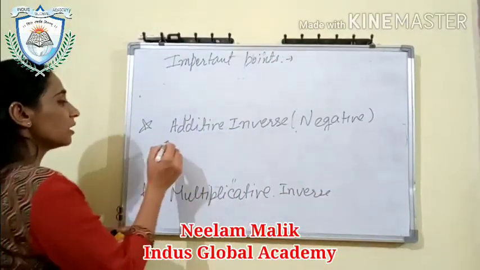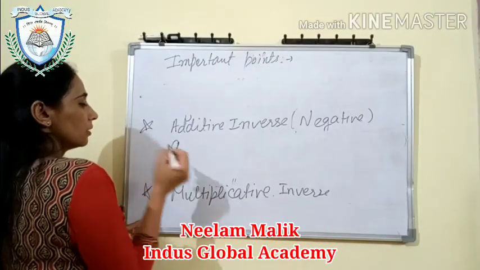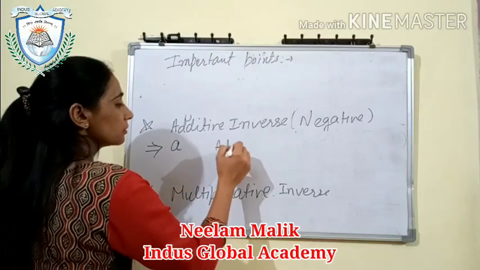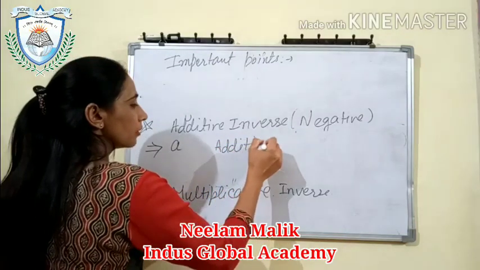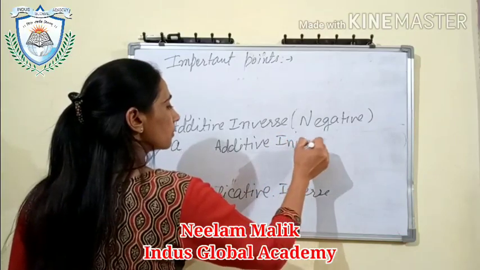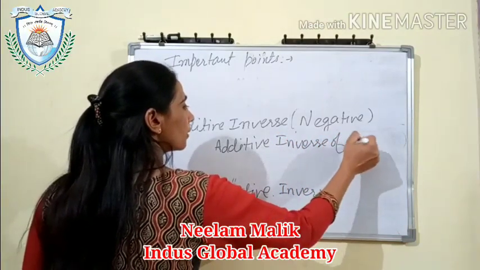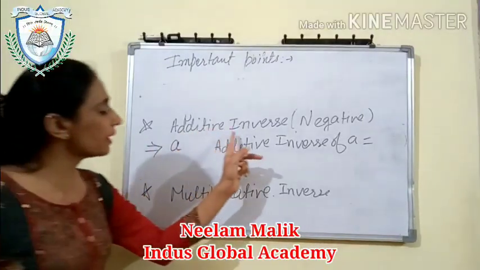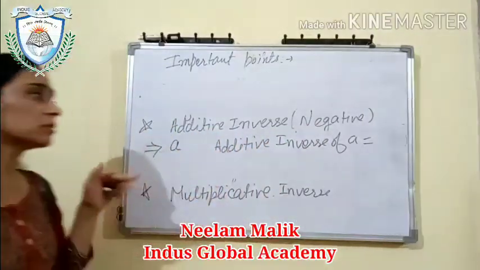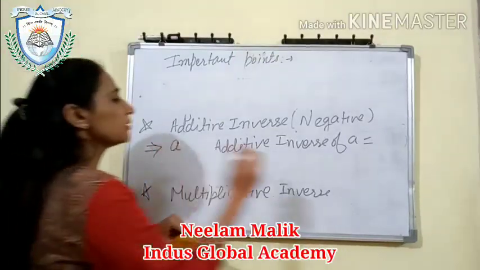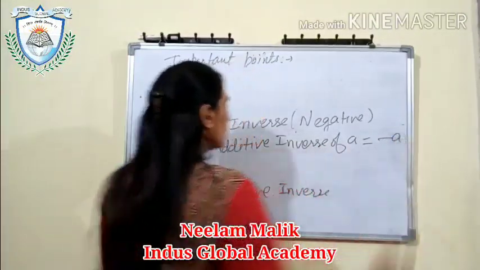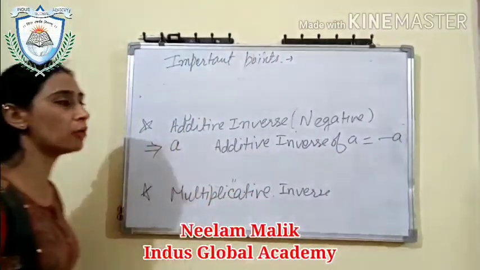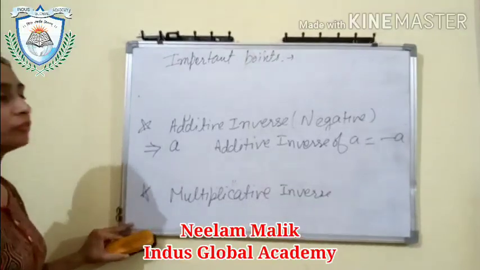If you are having any number A, what will be the additive inverse of A? I'm saying its name, additive inverse or negative. Negative means we will take the negative of that number. So additive inverse of A is minus A. Just you have to put a minus sign in front of that number.